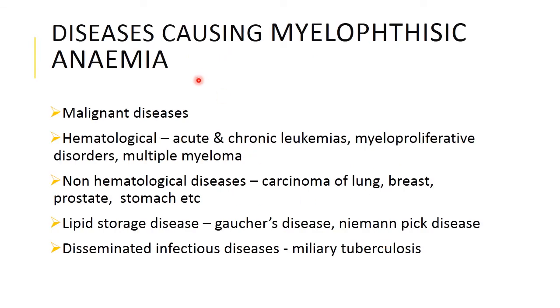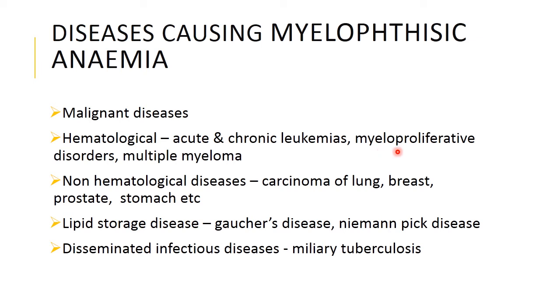So those conditions are listed out here. Diseases causing myelopathic anemia: malignant diseases, that is cancerous states; hematological diseases like acute and chronic leukemias, that is AML, ALL, as well as CML, CLL; myeloproliferative disorders, where all the myeloid series of cells will show increased production.